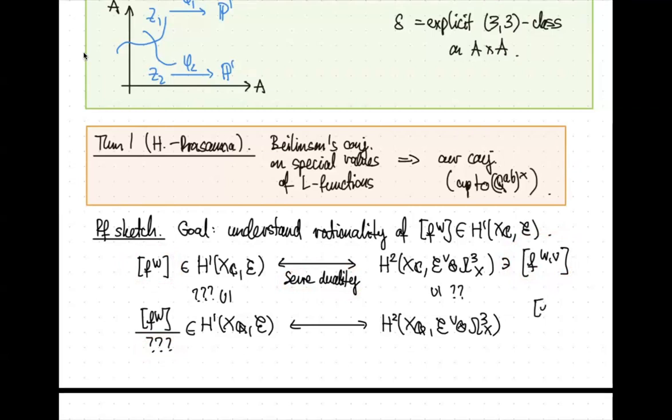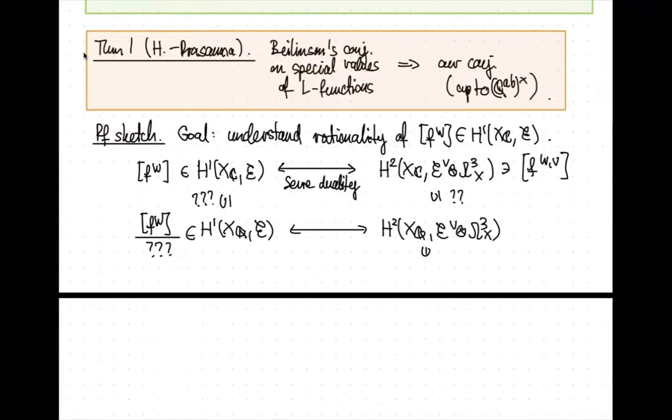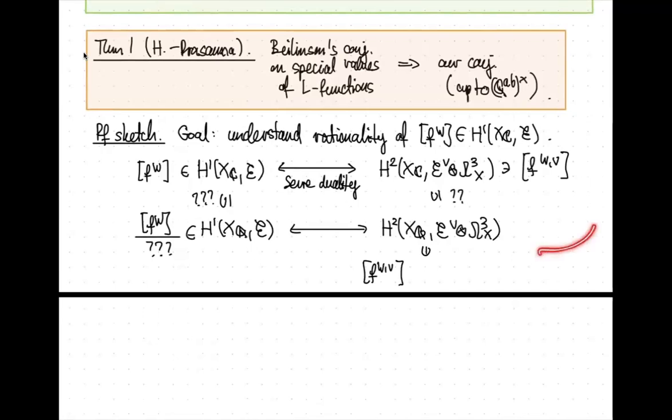So here, this rationality is actually understood, in the following sense. Sorry, I'll write it. I was going to write it here, but I don't think I'll have space. So what do I have to divide this class by in order to get a rational class?